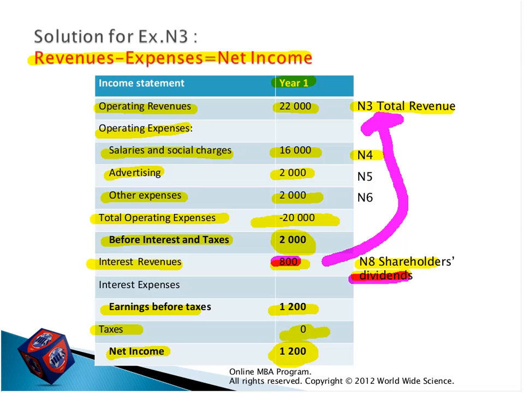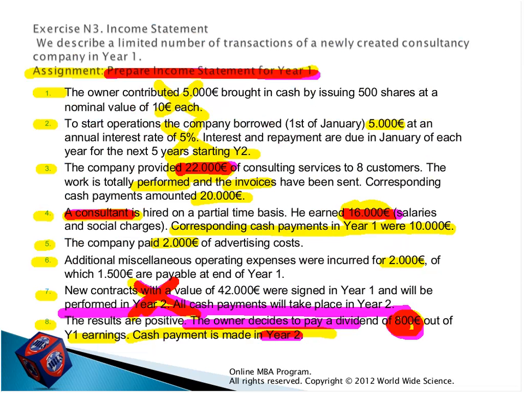Here we borrowed 5,000 euros from the bank and we must pay the interest. But in this sentence, the very important thing is that the interest and repayments must be paid in January of each year, starting from the second year, right?